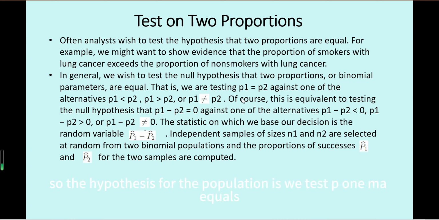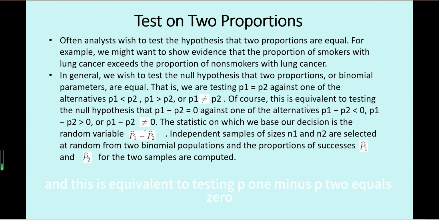So the hypothesis for the population is we test P1 equals P2 against one of the alternatives, P1 less than P2, or P1 larger than P2, or say P1 not equal to P2. So this is the alternative hypothesis.